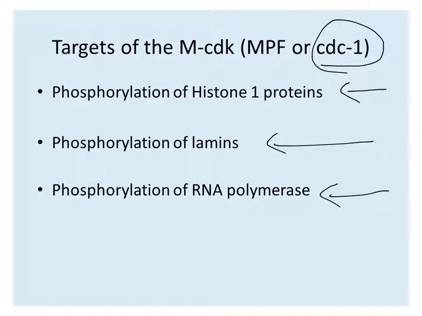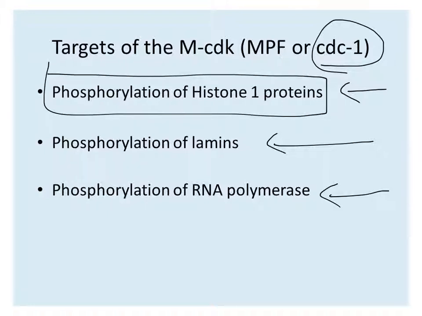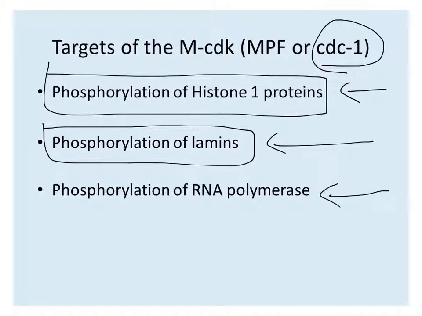One of which is phosphorylation of histone H1 proteins. This important event is thought to help lead to condensation of chromosomes, which is critical for the beginning of mitosis. Another important target is phosphorylation of lamins. So the M-CDK phosphorylates lamins and other proteins associated with the nuclear envelope, and that helps stimulate nuclear envelope breakdown.